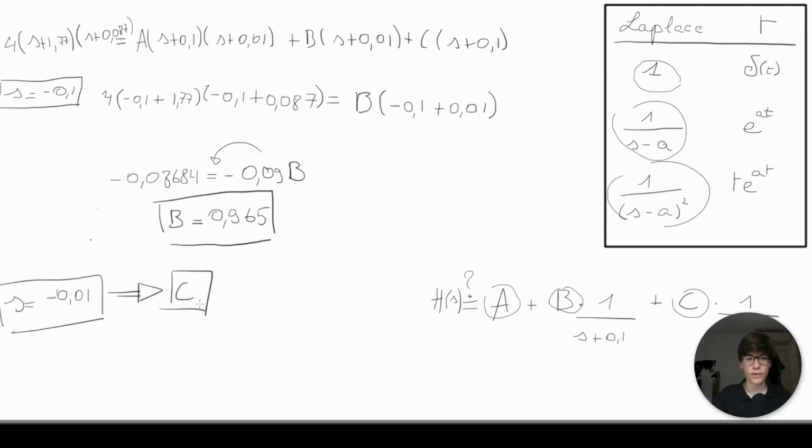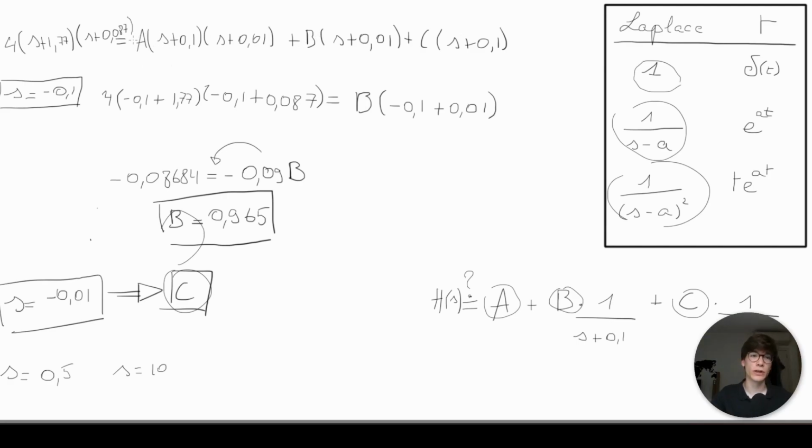And then for a, there isn't really an easy solution. You can pick the point s equals 0.5. You can pick the point s equals 10. You can basically pick any point you want, and you use the values you found for b and for c to find a. So if you imagine this expression again, we have s, we have chosen a value for s, and we have already found a value for b and c.